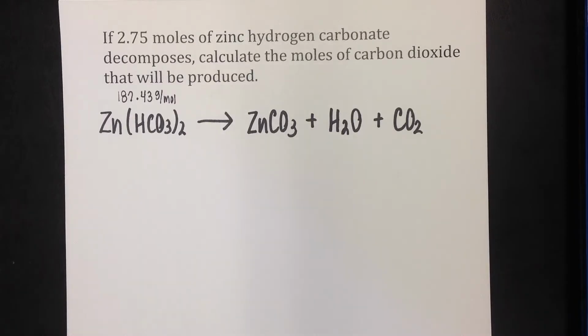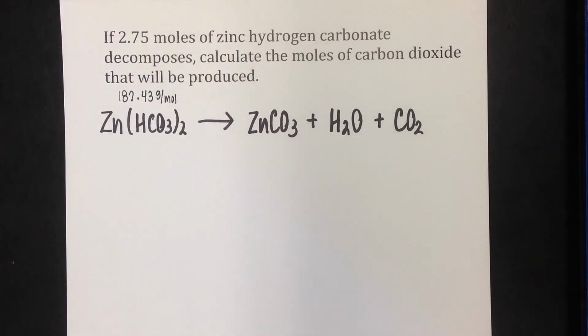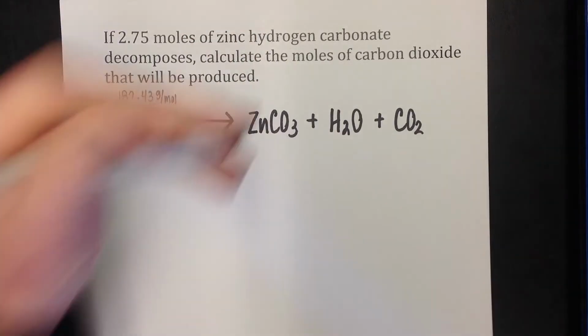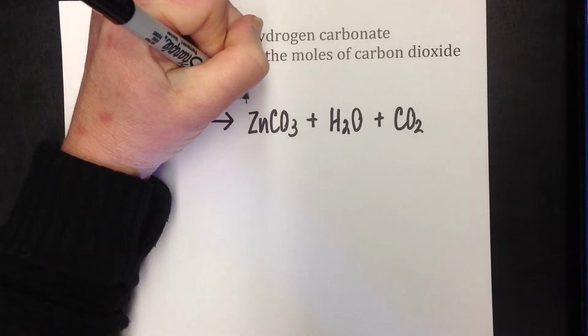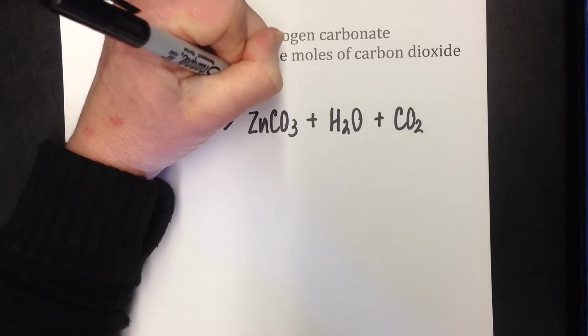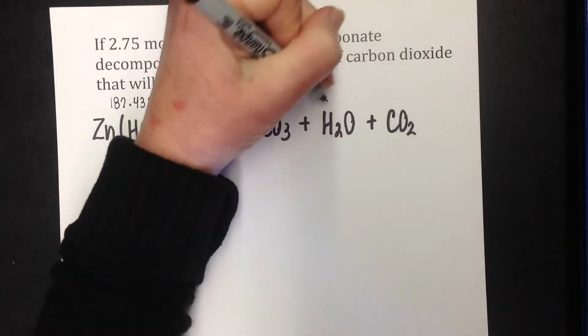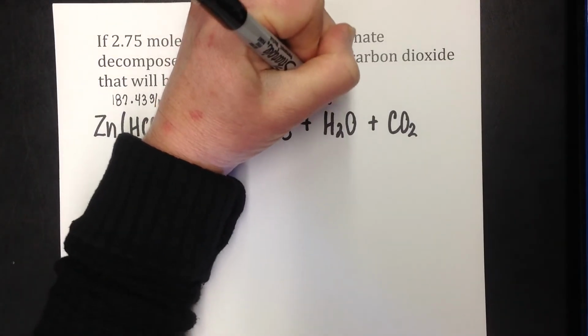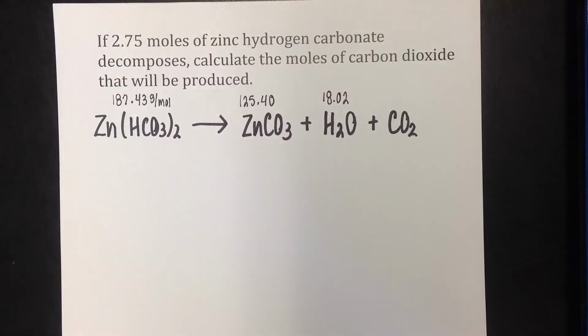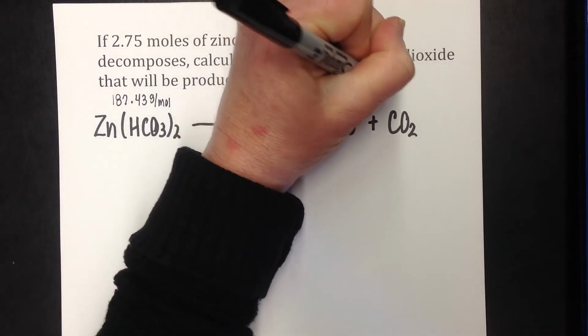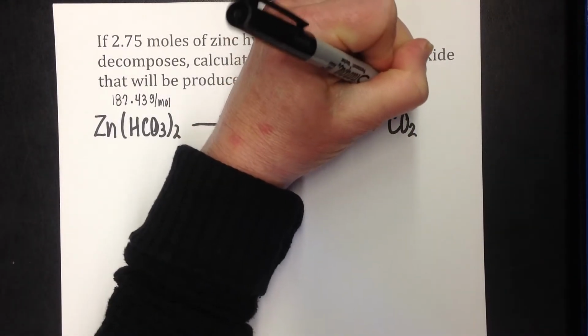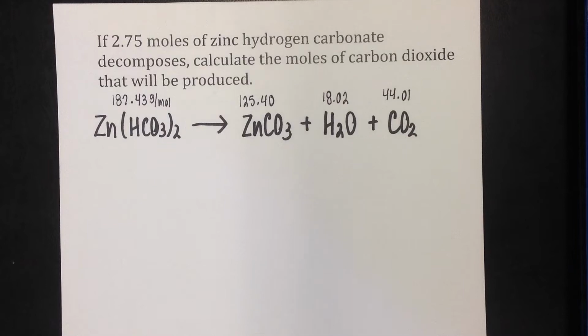And that's going to give me a mass of 125.40. Water, we know, has a mass of 18.02. And most people know carbon dioxide has a mass of 44.01.